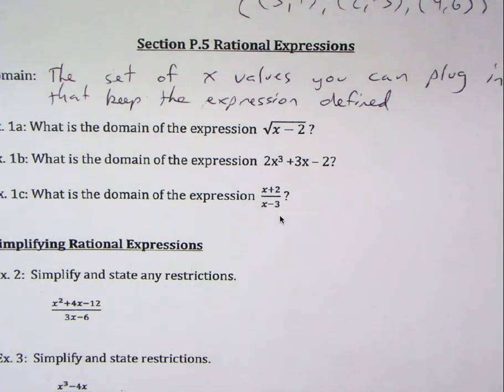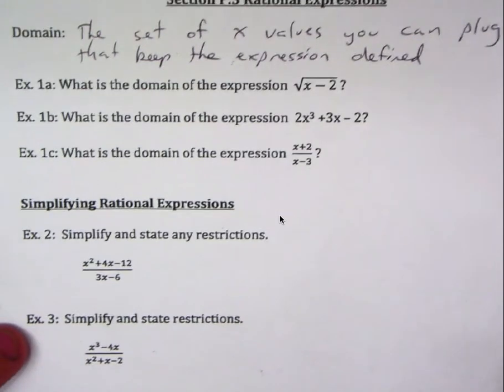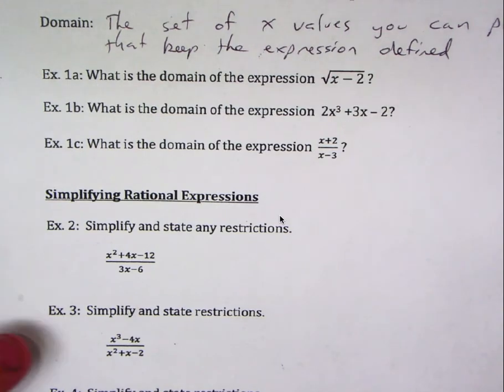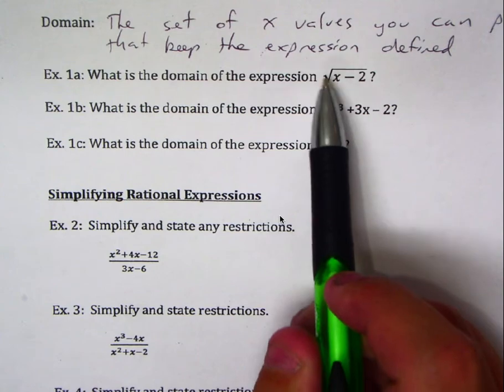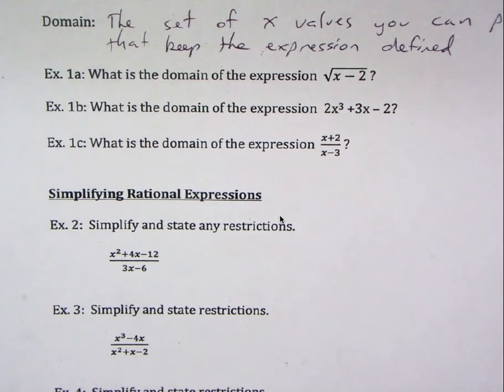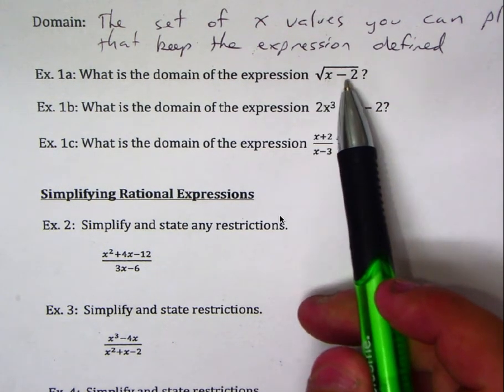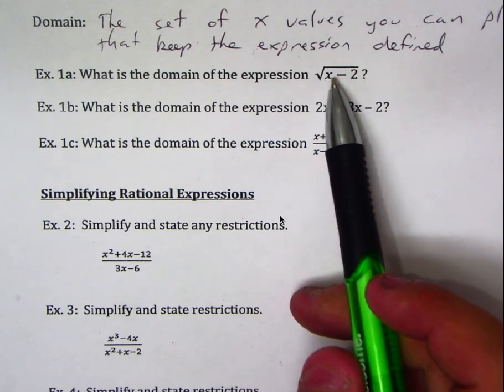Let's talk about how we find that and how we think through this. I look at example 1a, and it says, what is the domain of the expression the square root of x minus 2? So really it's asking, what are you allowed to plug in for x? Your first thought might be, I could plug in 3, maybe 6, a million.